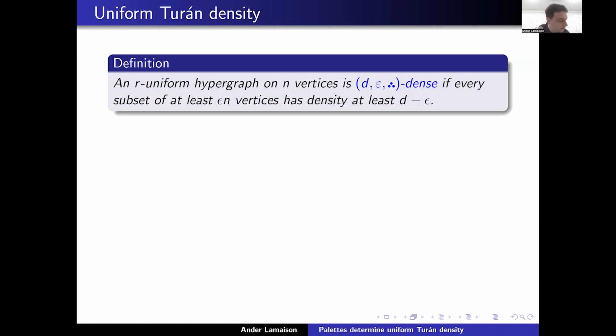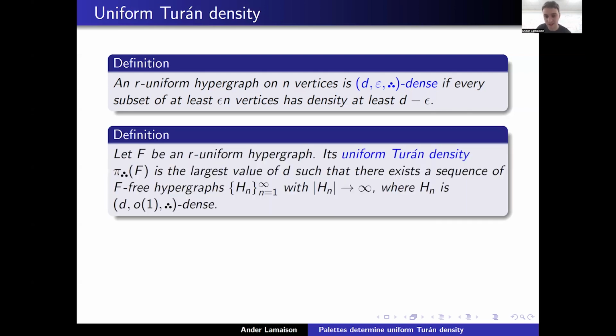So how does the Turán density problem look if we replace the weaker notion of just edge density with the stronger notion of uniform density?